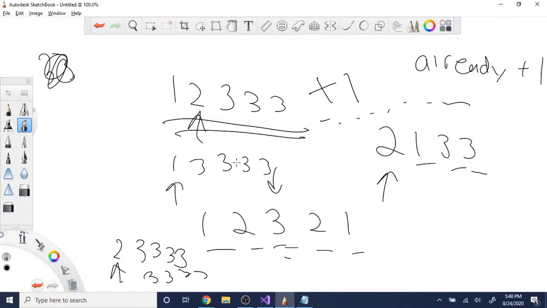Take the middle number, add 1. If it's not a palindrome, so let's say it was like 1, 2, 2, 3, 2, right? Like this. It's not a palindrome.